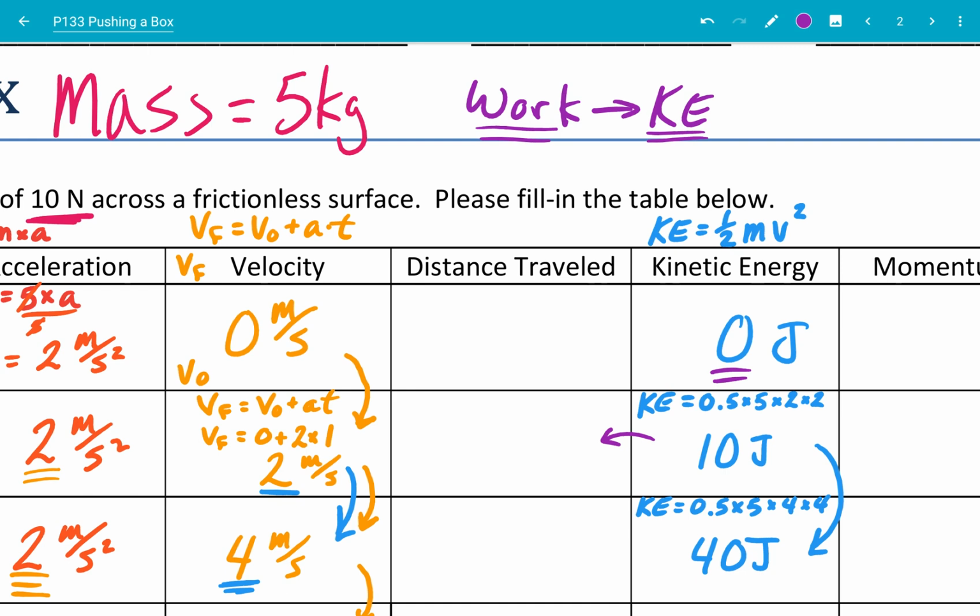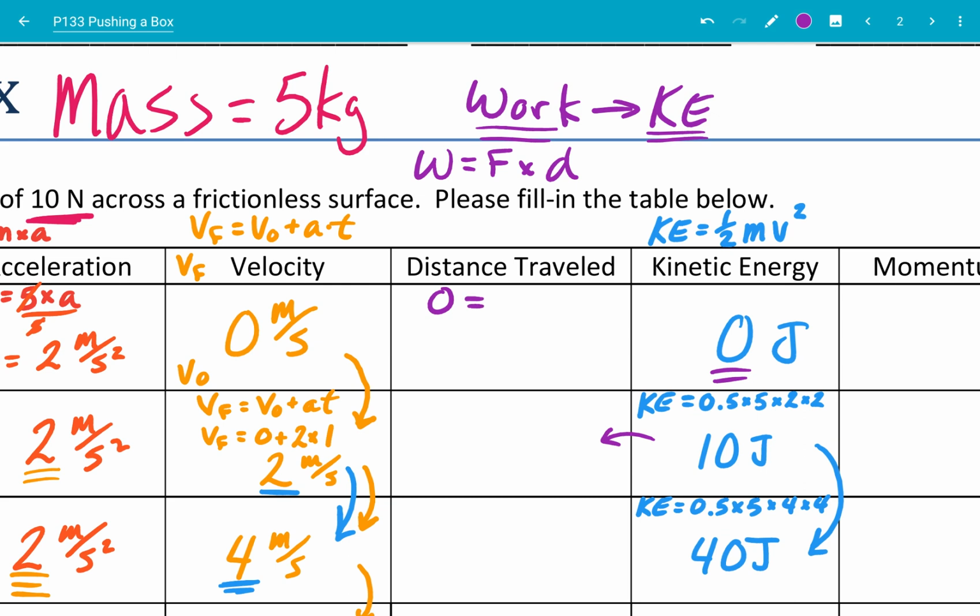The way that this looks in the formula is we're using the work formula. Work equals force times distance. And again, we're using our kinetic energy for work. So our work is 0. 0 joules have been done because we pushed for 0 seconds.